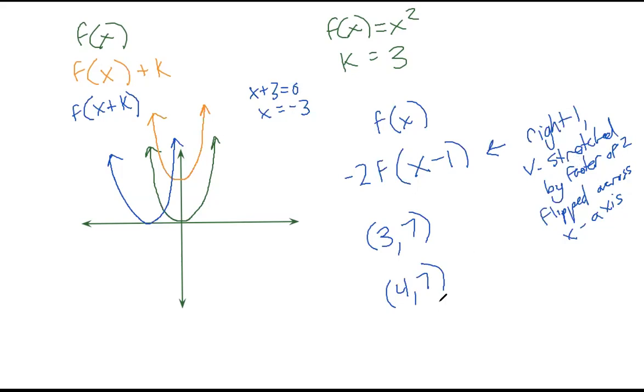Vertical stretch by a factor of 2, so now 4, 7 becomes 4, 14. And flipped across the x-axis, so now 4, 14 becomes 4, -14. So the original point 3, 7 on the first graph, that same corresponding point is now located at 4, -14 on our new graph.